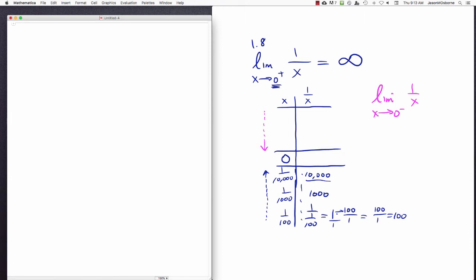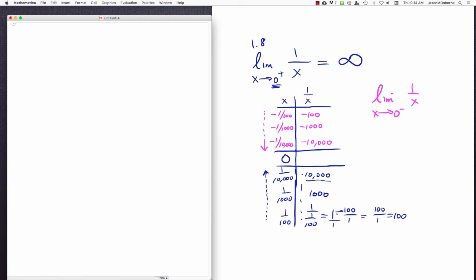So you could pause the video and try to fill in that table now. Alright, so if you've had an attempt on this problem, I'm going to try numbers like x going to 0 from the left, so that would be like -1 over 100, -1 over 1,000, -1 over 10,000. In which case you're going to get -100, -1,000, -10,000.